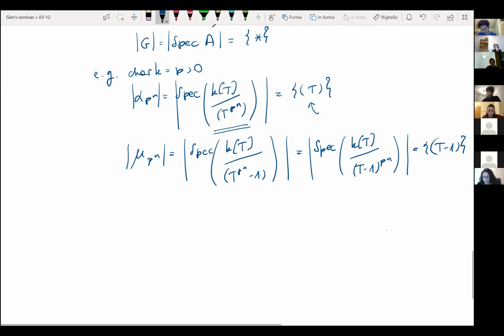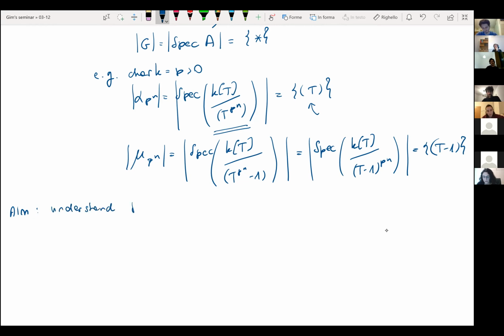Okay. So why is it interesting to study such actions? The aim is always to understand some properties of the acting group G, studying its actions on other schemes.